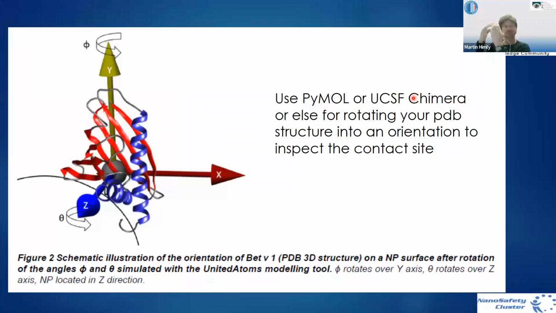This is done using the angles that you obtain from the heat map, and then you look directly from the particle, as if you were the particle, onto the epitope that is binding or has the highest affinity, I should say, to the nanoparticle surface.